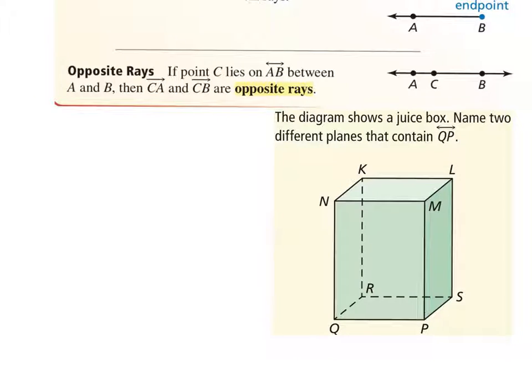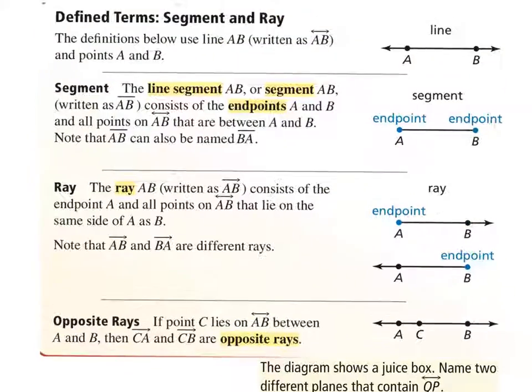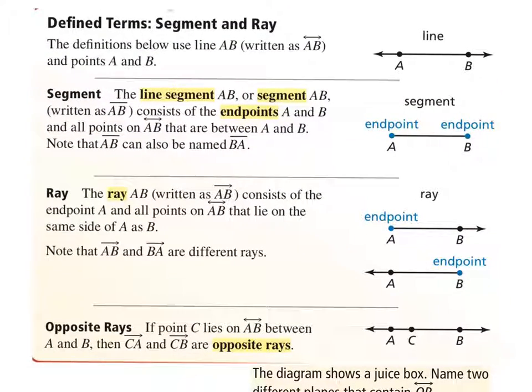Wrapping this up, we have a couple different properties here that we want to go over, basically definitions. So we have a segment. It's a little bit different from a line, and so when we label a segment and when we talk about a segment, the notation needs to be different as well. Previously we talked about line AB, and it could also be written as line BA, but the notation looks like this up here with the arrows on both ends.